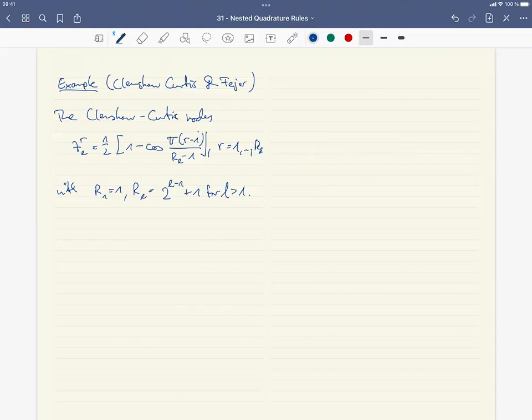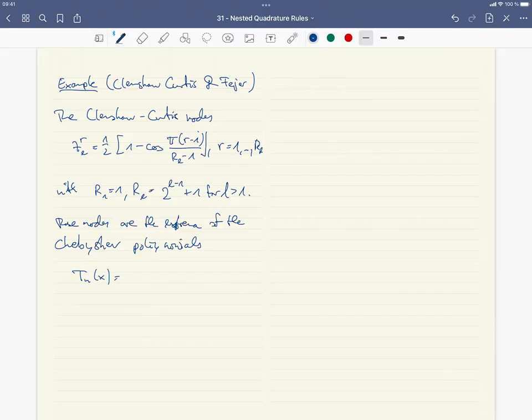And these nodes are the extrema of the Chebyshev polynomials. Let me recall for you how they look.